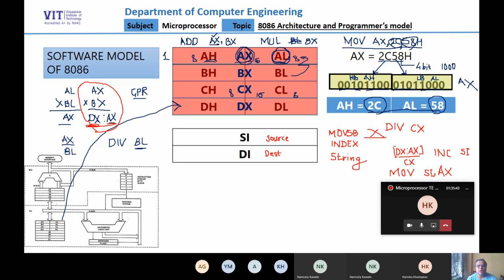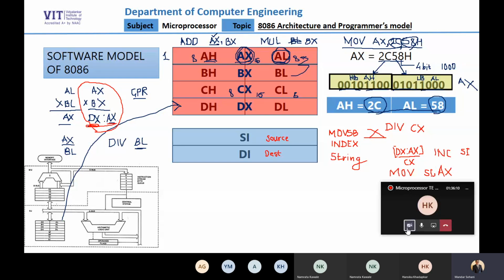Therefore, I said they are used as default source index and destination index registers inside string manipulation instructions. I hope you have understood and written down this special use of SI and DI. So SI is used for source indexing, DI is used for destination indexing, right?